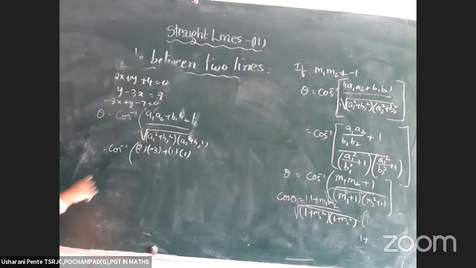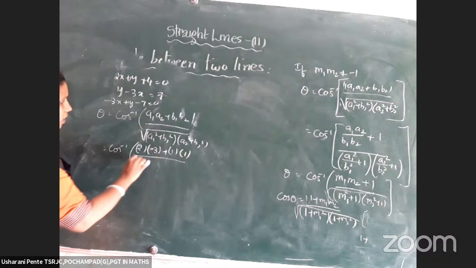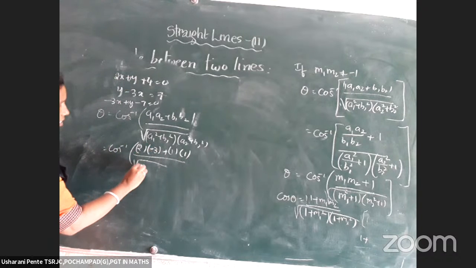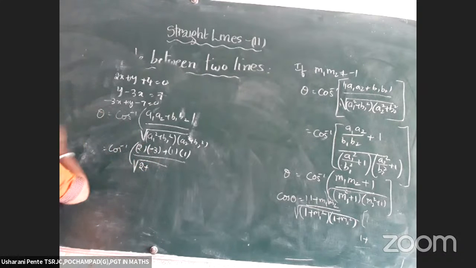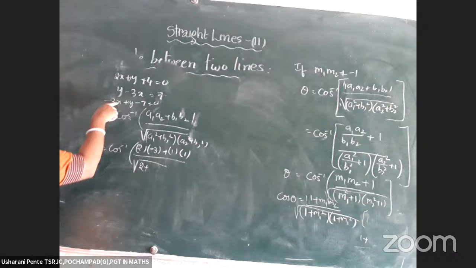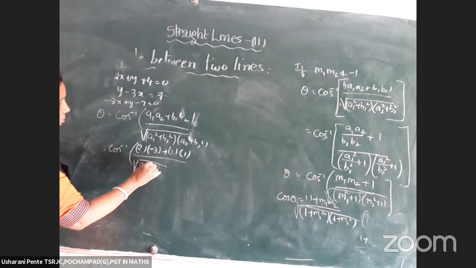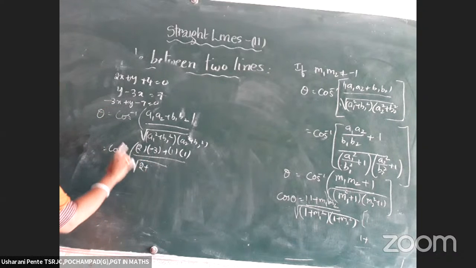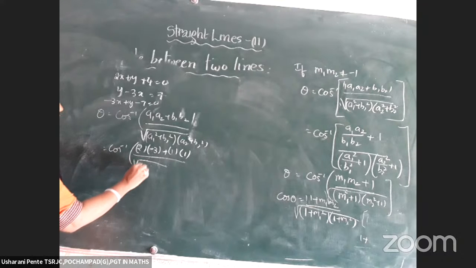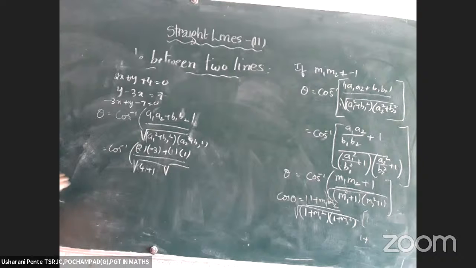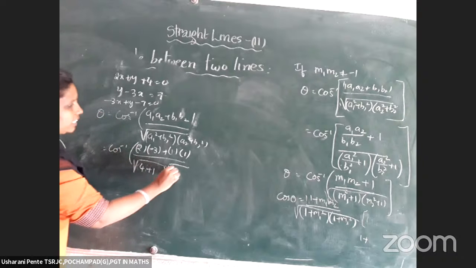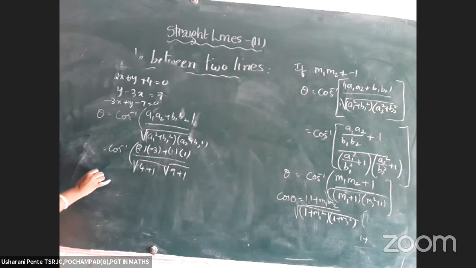Now a1 square is 2 square, 4, plus b1 square which is 1, so 4 plus 1. And a2 is 3 square, which is 9, plus 1.